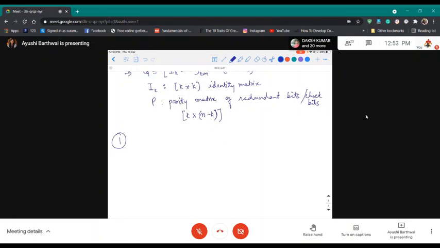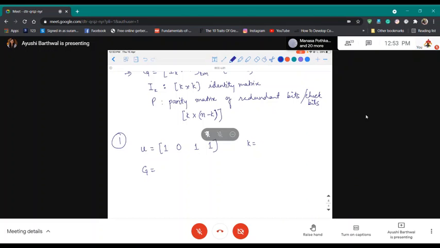So the question is, suppose your information data vector is equal to 1, 0, 1, 1. So how many bits is this signal? K is equal to, so this is your information data, and we said that information data is a k-bit vector.